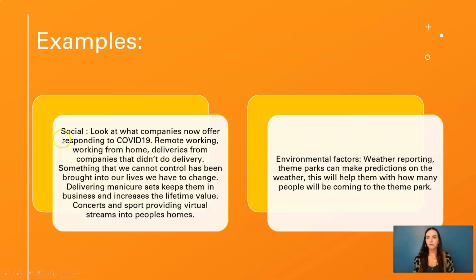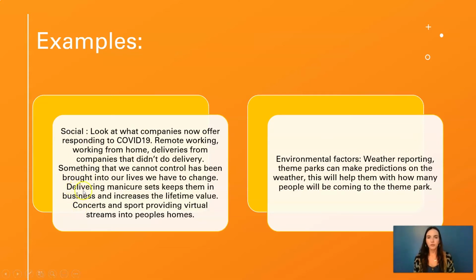There are other examples that you could consider when conducting your PESTELE analysis. For example, if we look at social, we can look at what companies now offer in responding to COVID-19: remote working from home, and deliveries that companies didn't do previously and are now delivering their goods and services to people. The COVID-19 crisis was something that we couldn't control. It's been brought into our lives and we have to change and adapt accordingly.